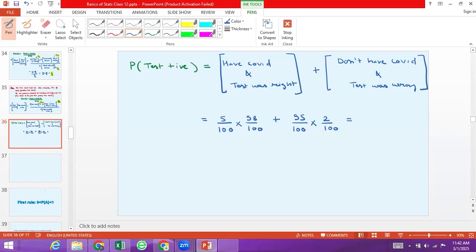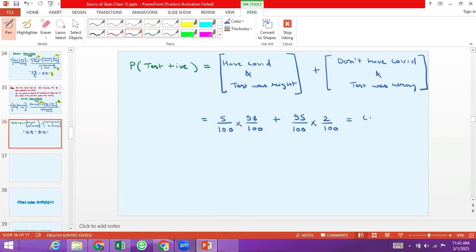Right? So let me solve it using my phone. 0.05 multiplied by 0.98 plus 0.95 multiplied by 0.002. Okay, so it is 0.068.